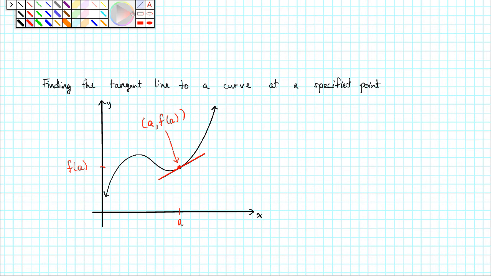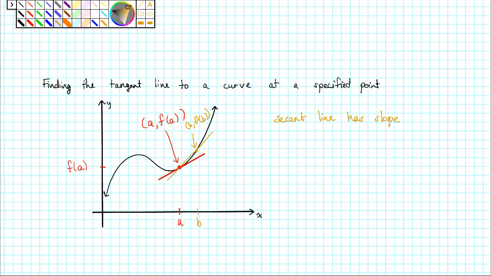And what we're going to do is we're going to go a little ways away from A. Maybe we're going to hit some other point B. And we can find a secant line from A, f of A to B, f of B. And so we're going to start with the slope of the secant line, and that is going to be the difference in y values divided by the difference in the x values.